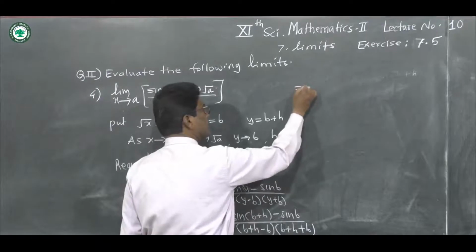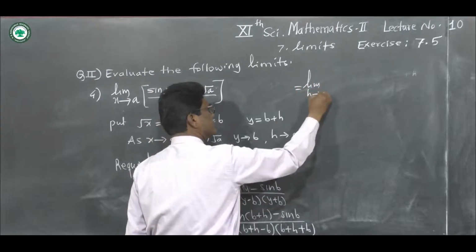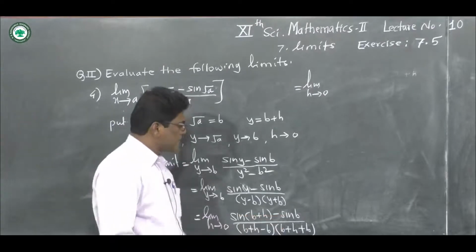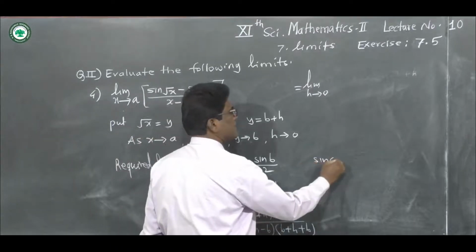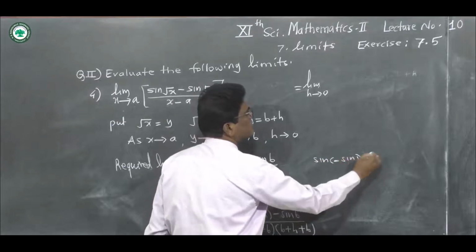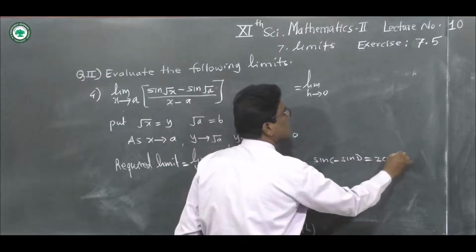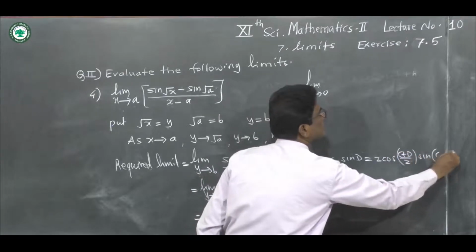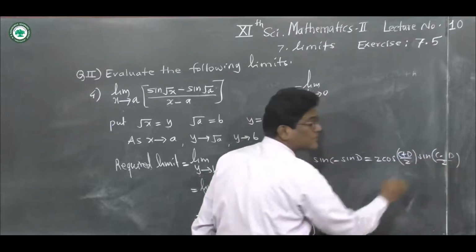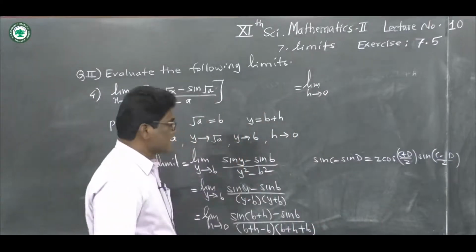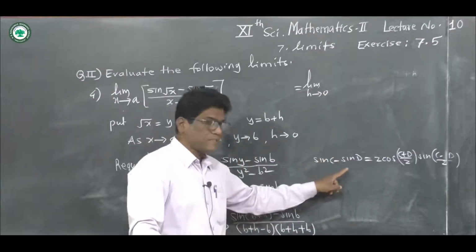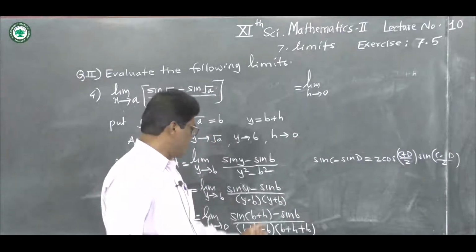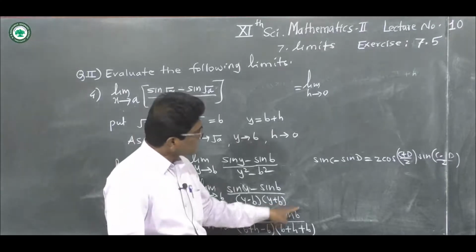So this is equal to limit as h tends to 0. Now use the formula sin c minus sin d. We know the formula sin c minus sin d, that is equal to 2 times cos of c plus d divided by 2 into sin of c minus d divided by 2. We have seen these 4 formulas: sin c plus sin d, sin c minus sin d, cos c plus cos d and cos c minus cos d. So here we use sin c minus sin d.